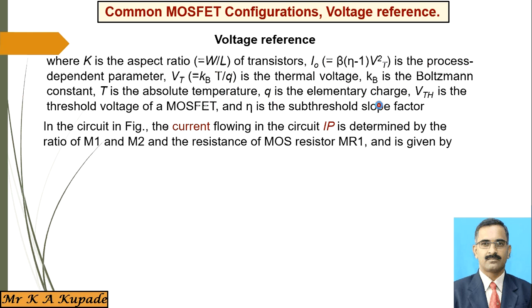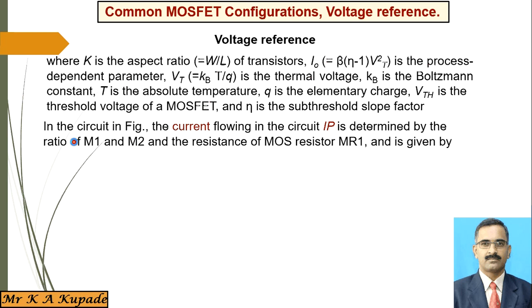VTH is important. VTH is the threshold voltage of the MOSFET, not this one. This is your thermal voltage, and VTH is the MOSFET threshold voltage, and eta is the subthreshold slope factor.